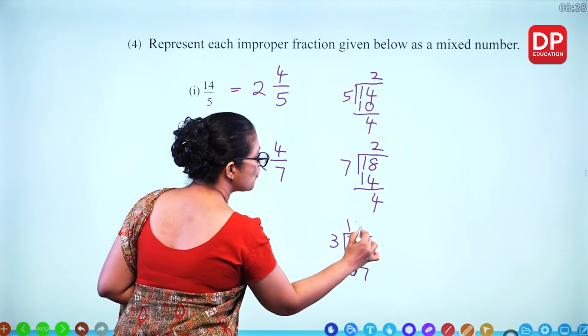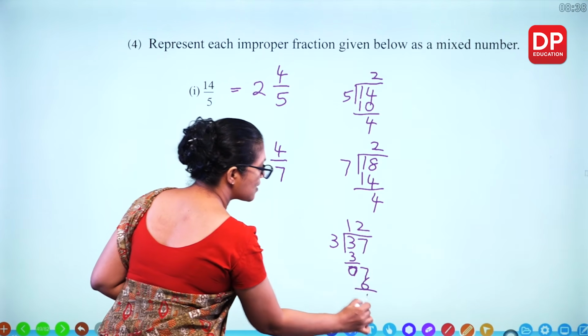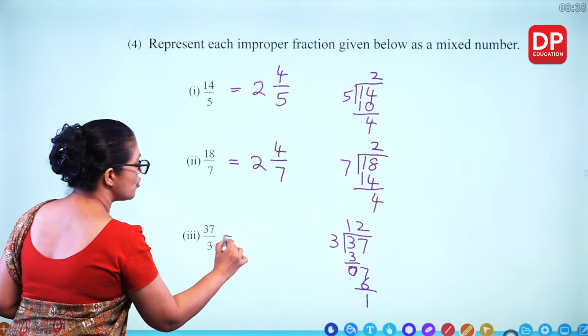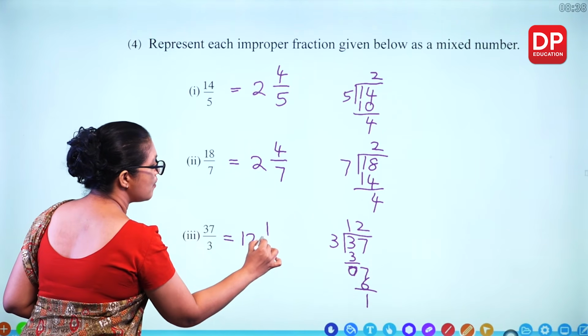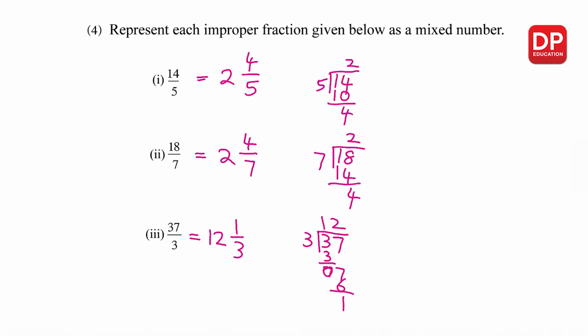And for 7, that's 2. 6. 1 remaining. So you get 12 and 1/3.